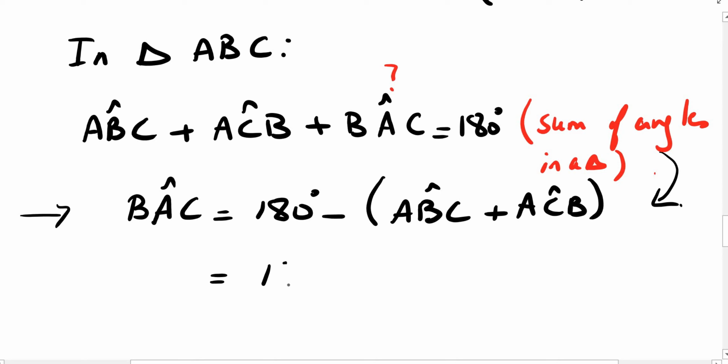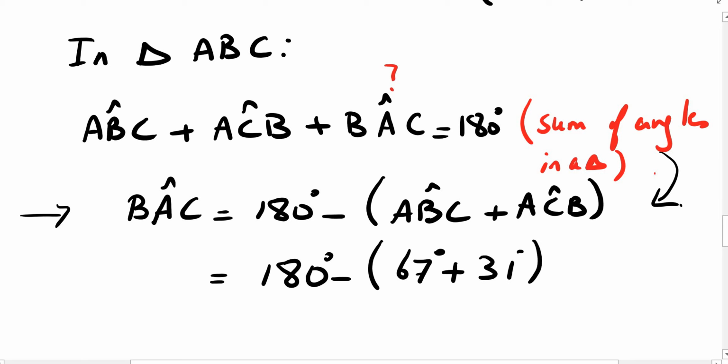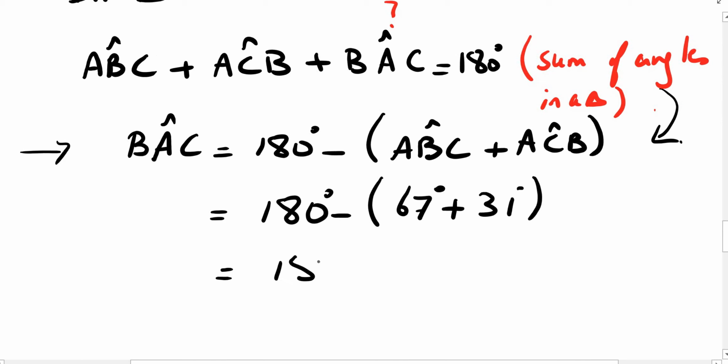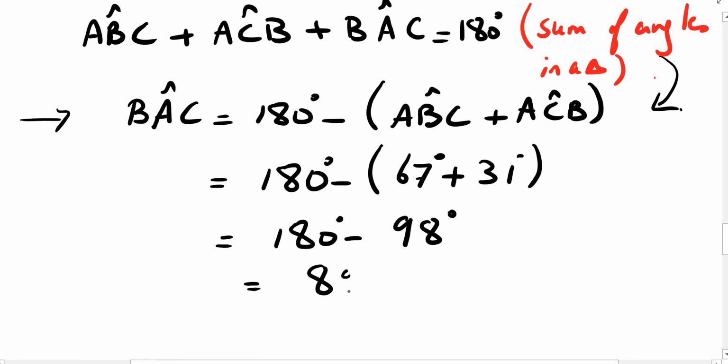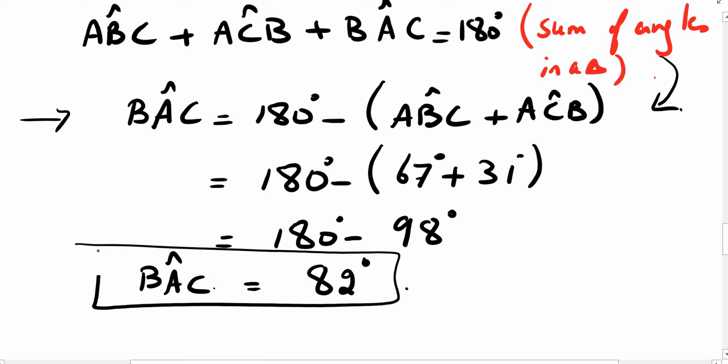So this is 180 minus 67 plus 31, which is 180 minus 98, and the final answer is 82. So that implies angle BAC equals 82 degrees.